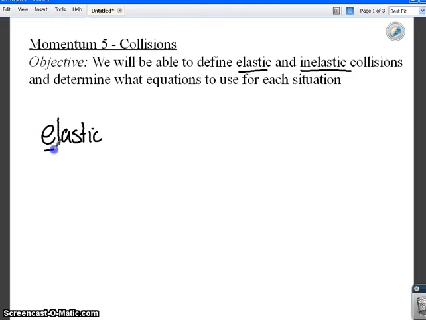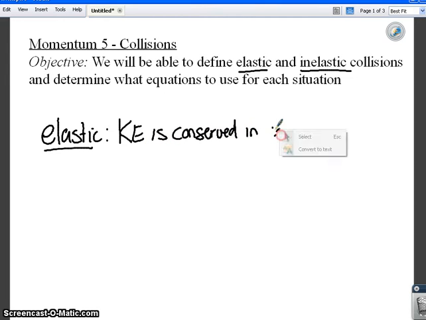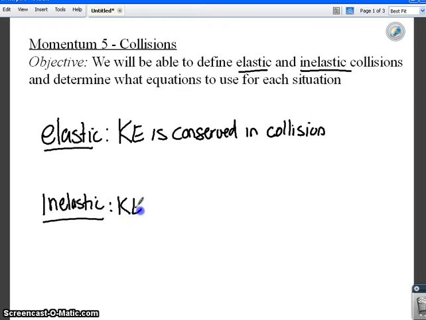Elastic: kinetic energy is conserved in the collision. And inelastic: kinetic energy is not conserved.